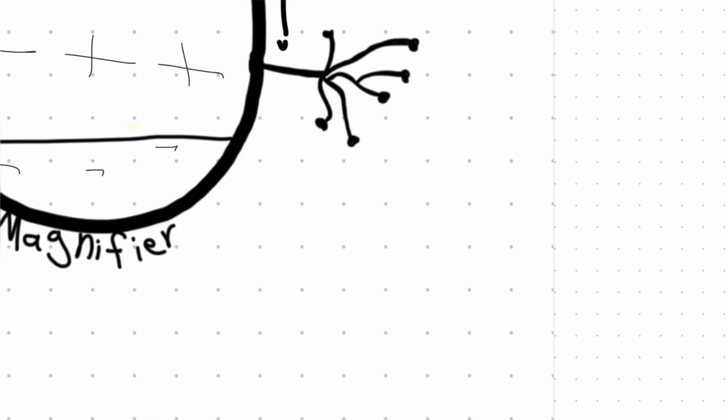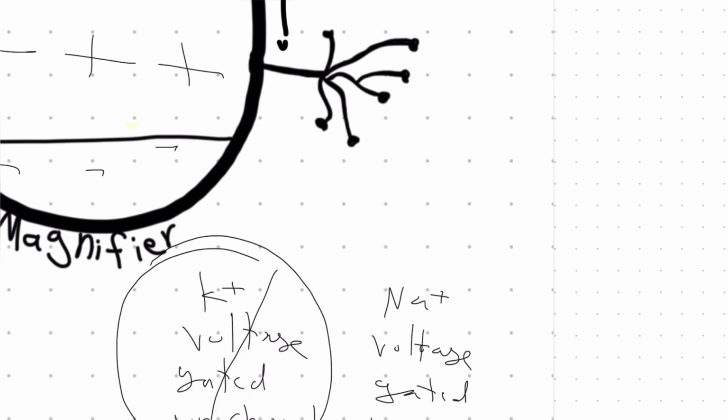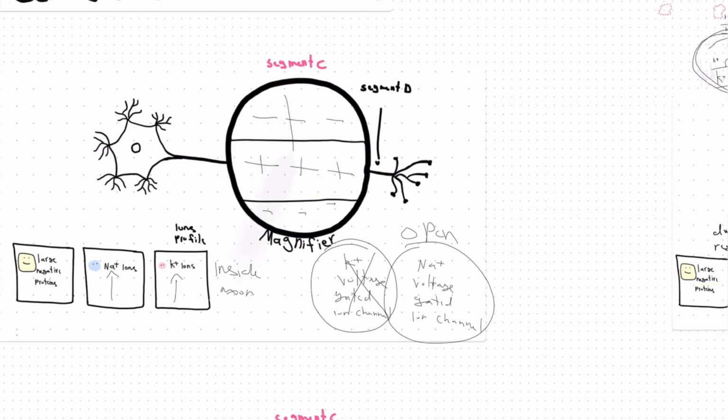We have two voltage gated ion channels: potassium voltage gated ion channel and sodium voltage gated ion channel. During depolarization, potassium voltage gated ion channels are closed, but sodium voltage gated ion channels open and sodium ions rush into the cell.